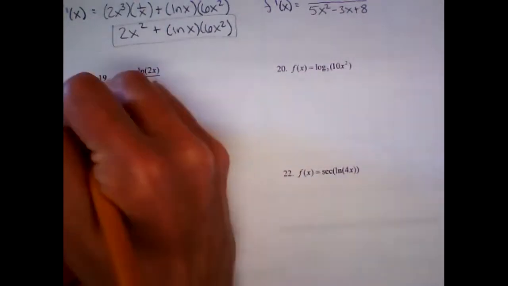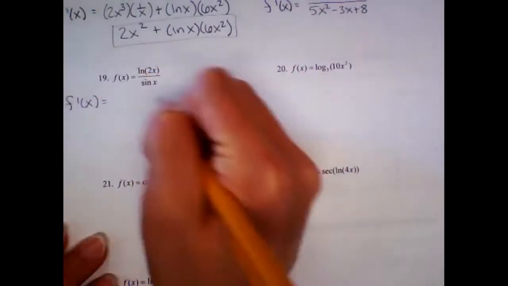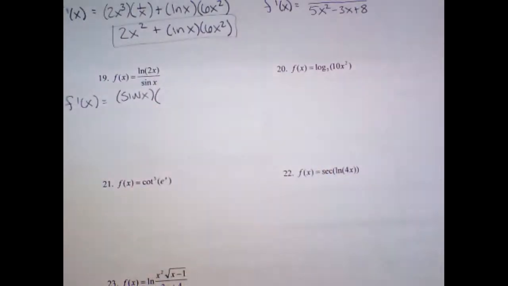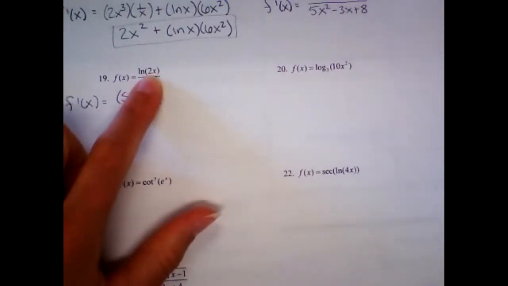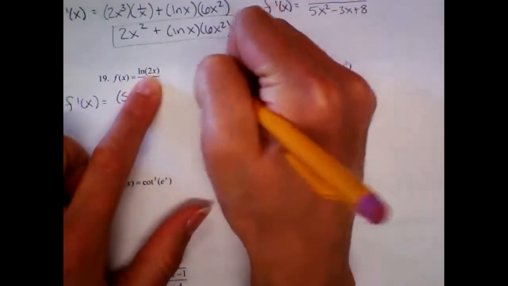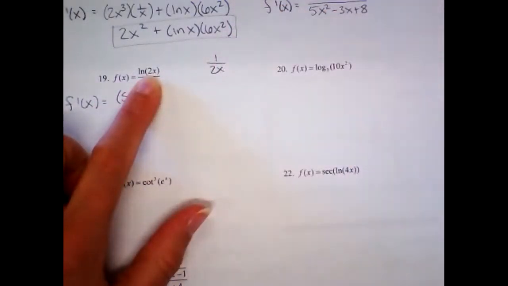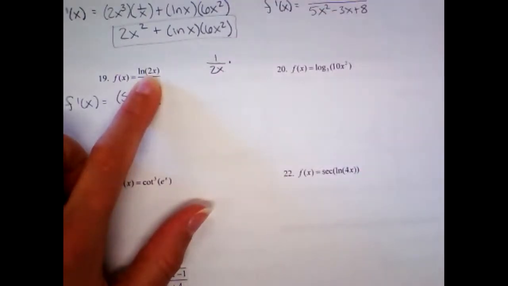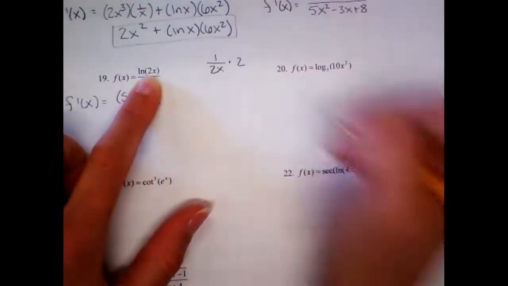All right, this one is a quotient rule. So it will be the denominator times derivative of the numerator. Let me show you what this will look like off to the side. It's ln of 2x. That derivative would be 1 over that stuff, but then you'd have to chain on the derivative of 2x, which would be 2.